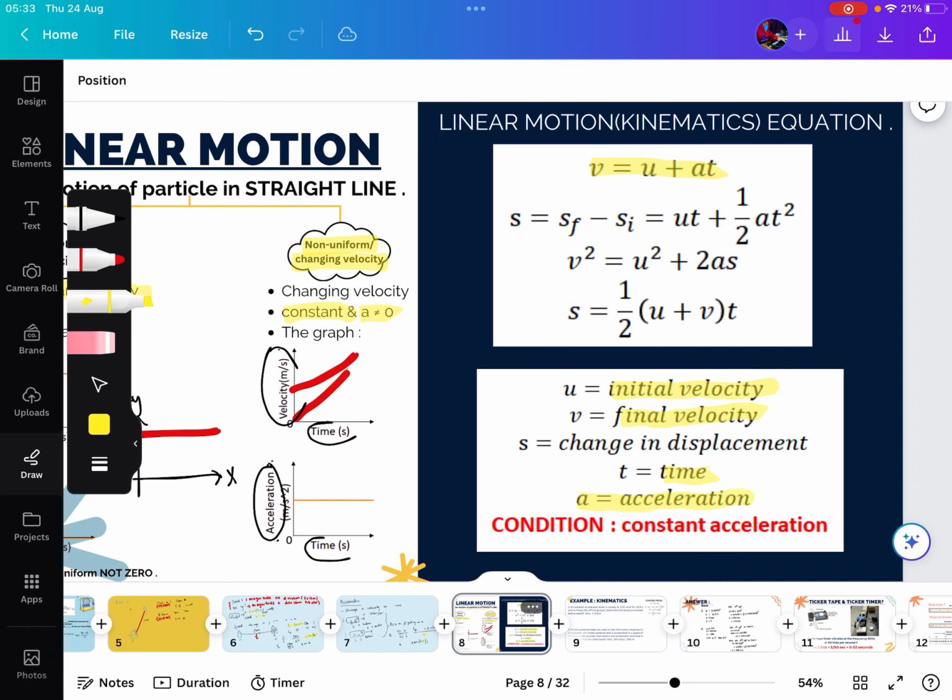I guess you already know this. And then the second equation is s. s is displacement, the change in displacement. I want you to memorize all of these equations. Equation 1, equation 2, there are 4 equations you need to remember.